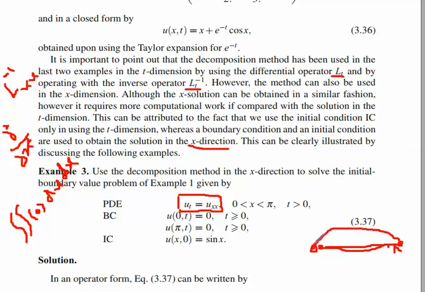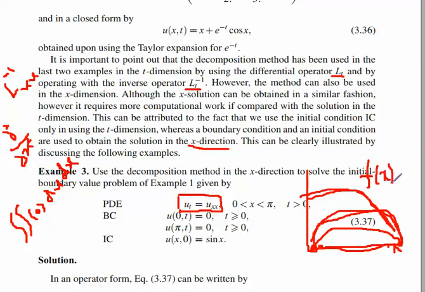And u(x,0) is equal to sine x when t is 0. This is the function value, the curve f(x), and this is a homogeneous linear PDE.